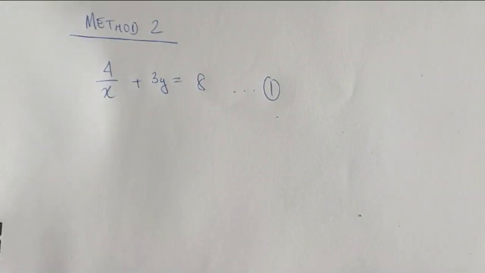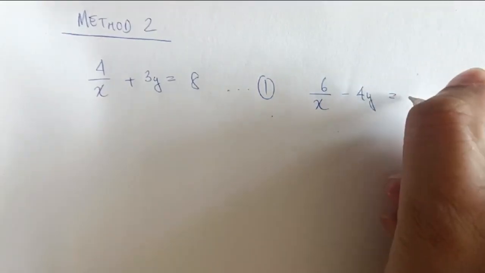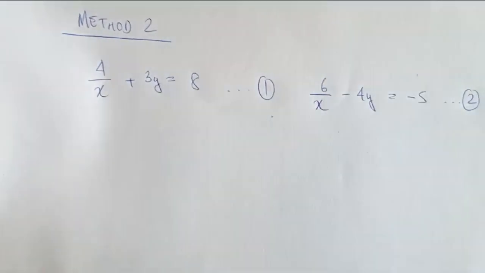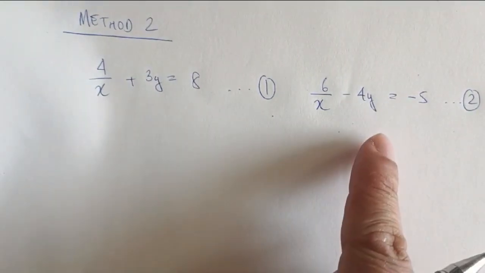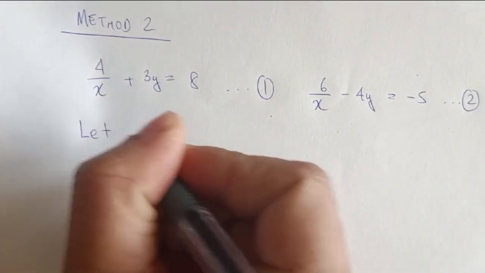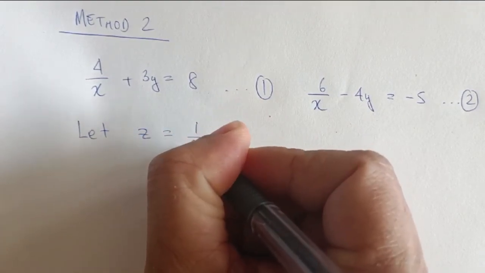And 6 by x minus 4y is equal to minus 5, which is the second one. In this method, we don't have to multiply this side by x or that side by x. All we have to do is we say let z is equal to 1 by x.